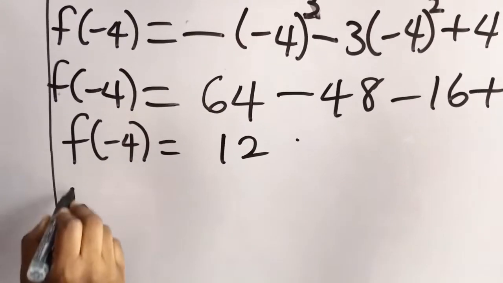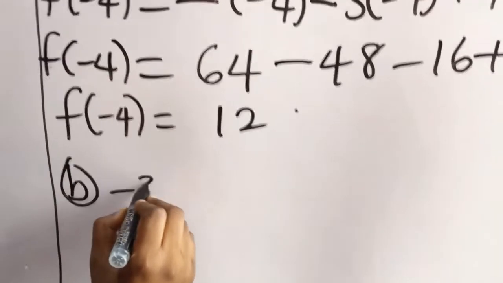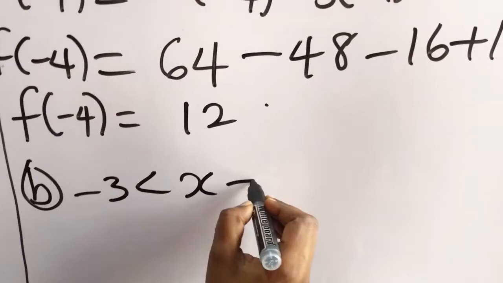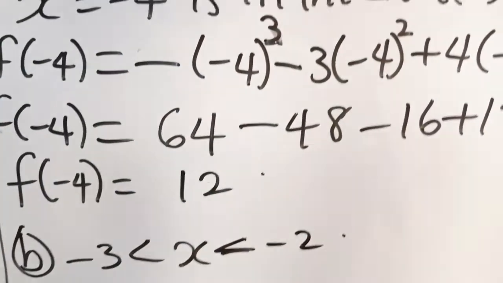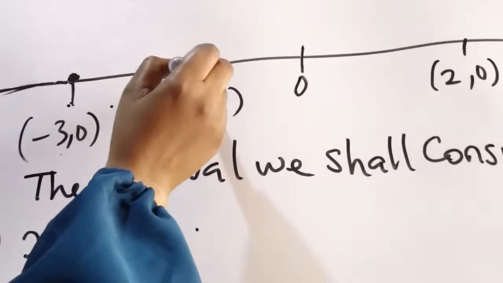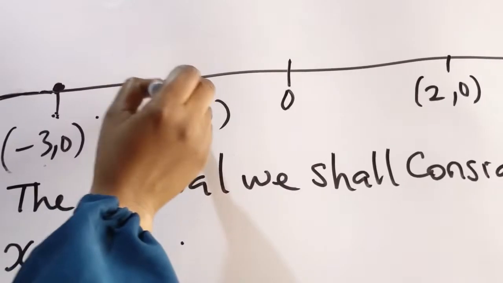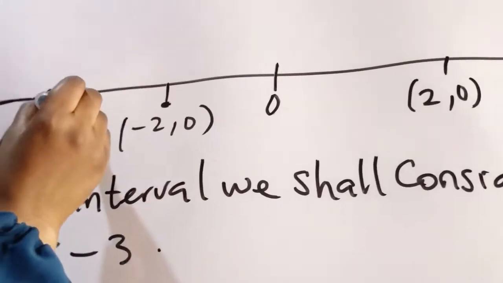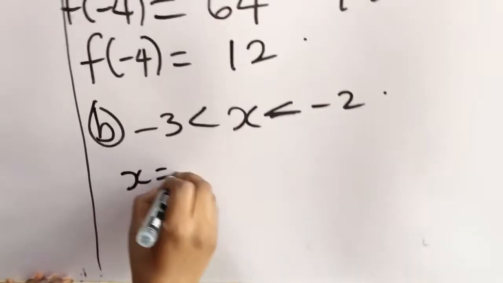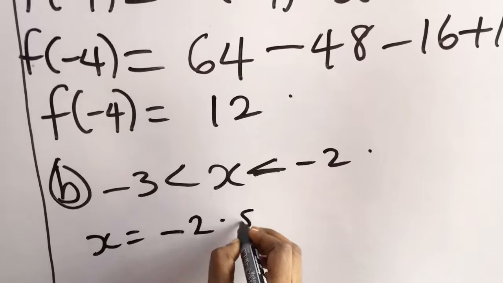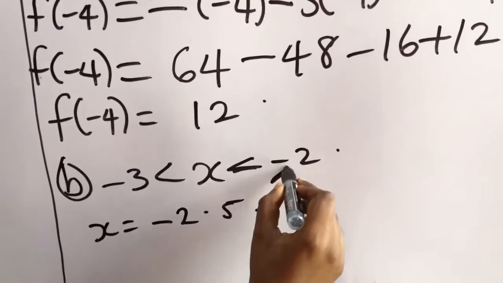So B, for minus 3 less than x less than minus 2. So that is from here, minus 3 and minus 2. So let's take any figure there. Let's take minus 2.5. So x equal to minus 2.5 is in this interval.